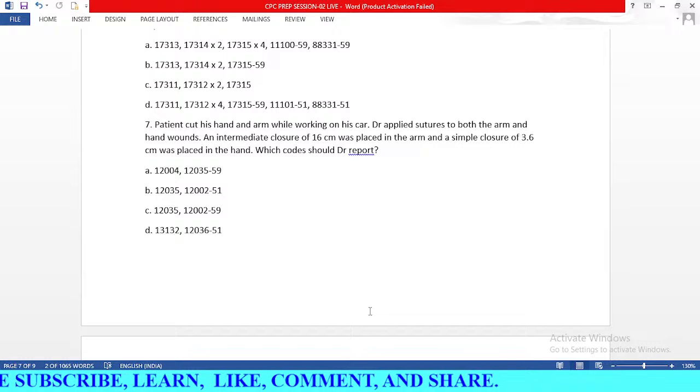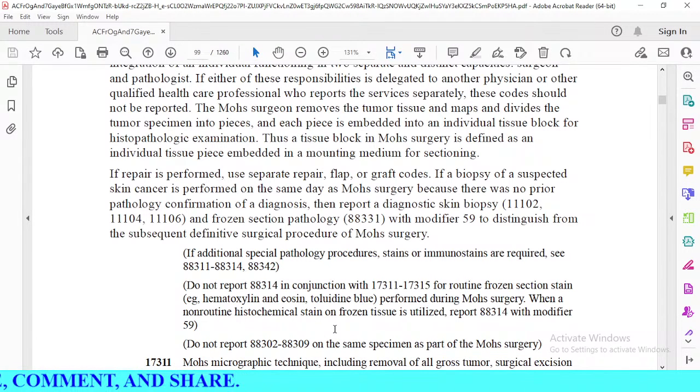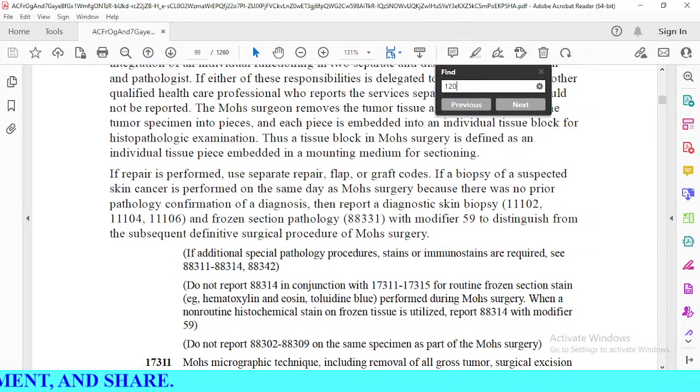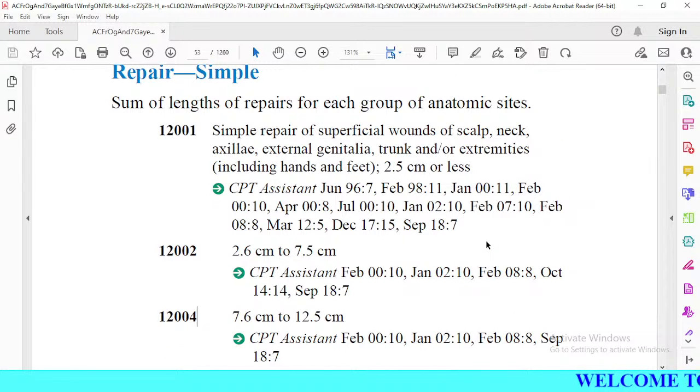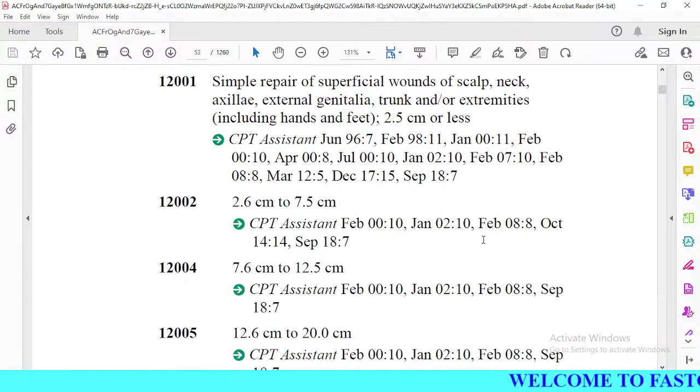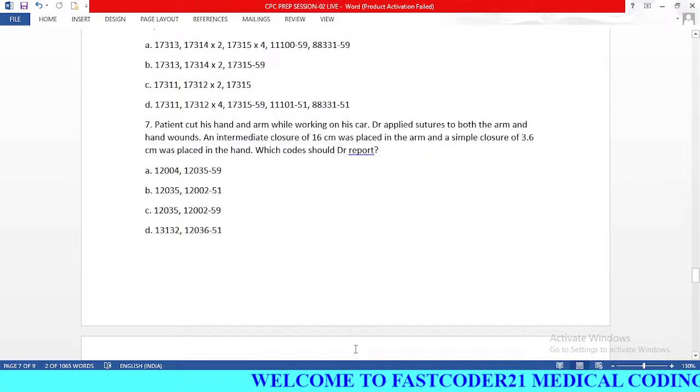I will tell the answer now. First we need to check 12004. What is this? Simple repair. But what is the location here? Our locations are arm and hand.